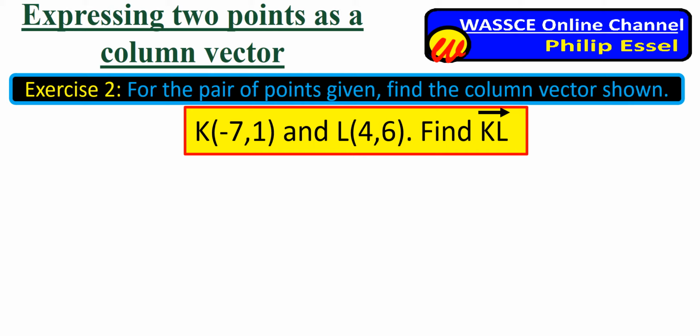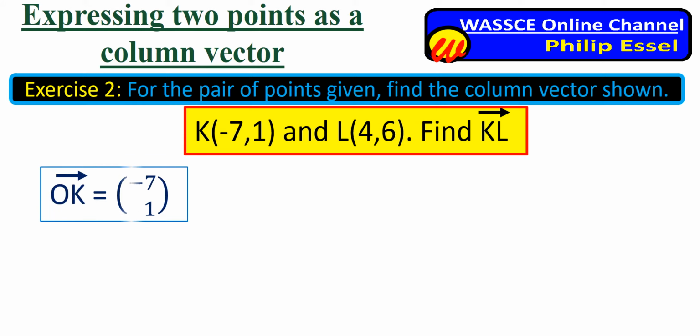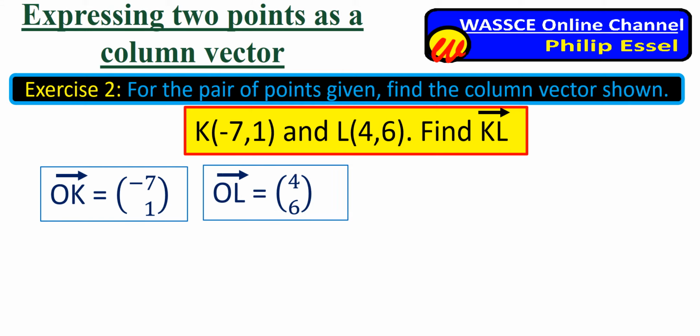So first, let's convert the point K to its position vector. When we do that, we would get the position vector OK equals (-7, 1). And when we convert the point L to its position vector, we would get the vector OL equals (4, 6).